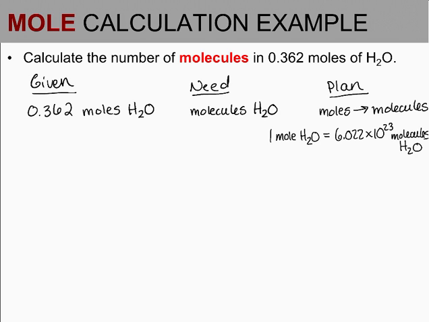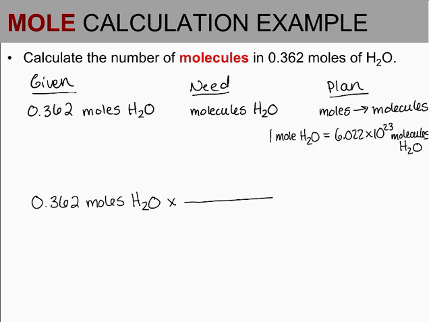So we're going to start with what we were given, which was the number of moles of H2O. And then we're going to set up our conversion factor. And remember that we always want our desired unit in the numerator, and then we'll put the other unit in the denominator in order to cancel it with our given unit.